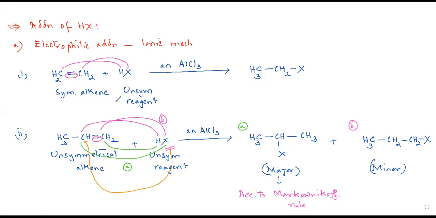So that is Markovnikov rule. Negative part of the reagent adds to that double bonded carbon having lesser number of hydrogens. If this one has just one hydrogen, whereas this one has two hydrogens, so it is this double bonded carbon to which X minus gets added. Okay. That is Markovnikov rule.